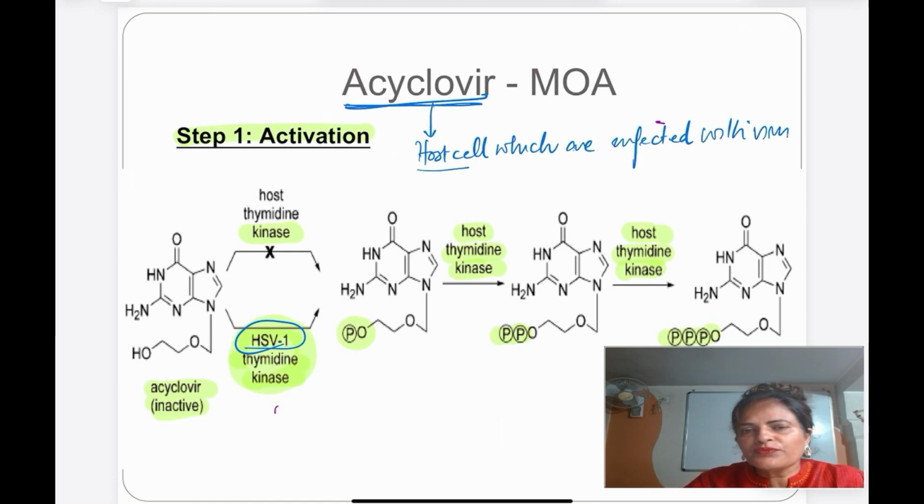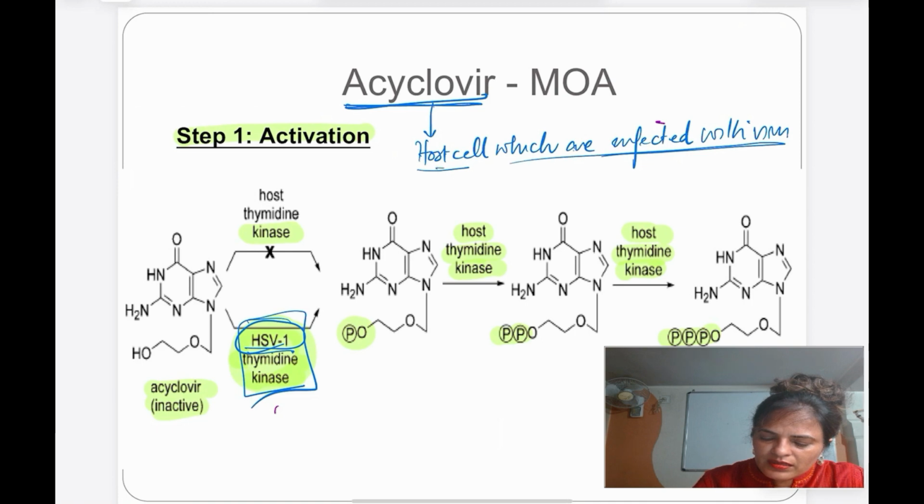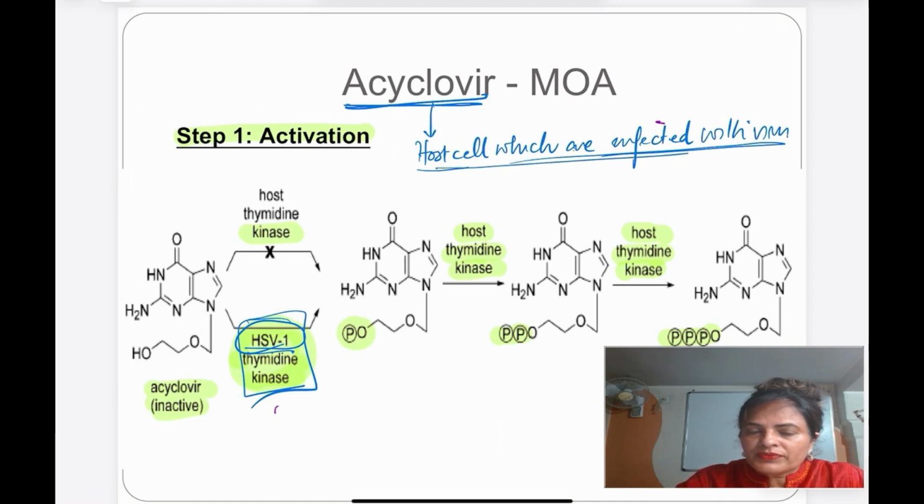So for the activation, what does it need? It needs a herpes simplex specific thymidine kinase, which it is going to get where? It is going to get in the host cell which is infected with the virus. So what is the significance of this?